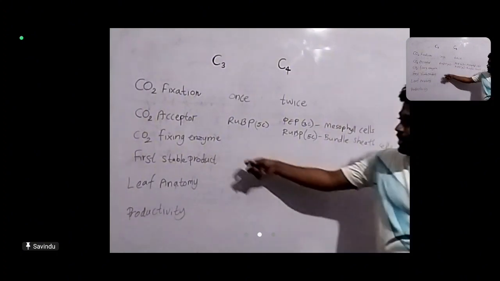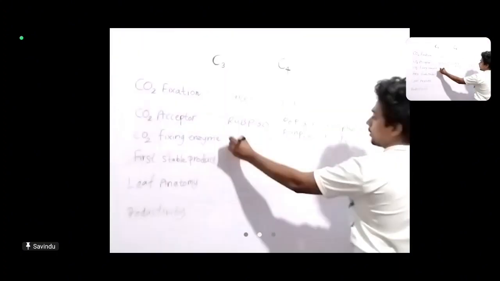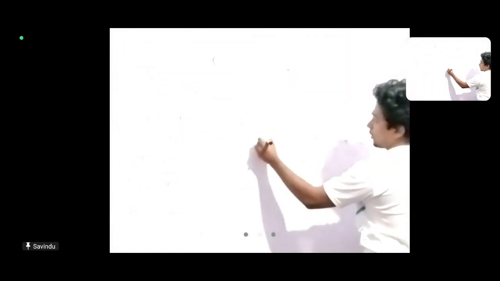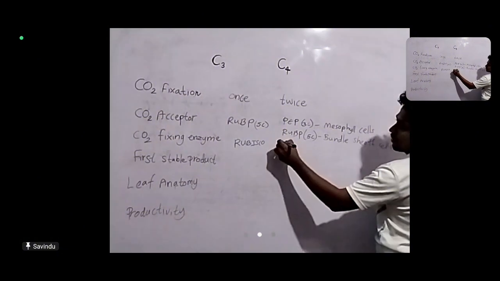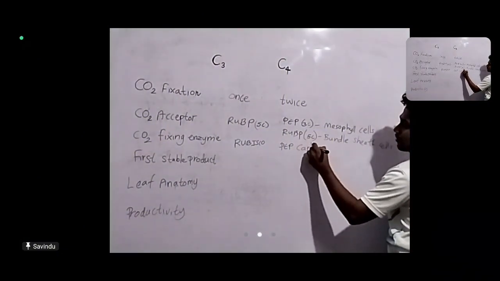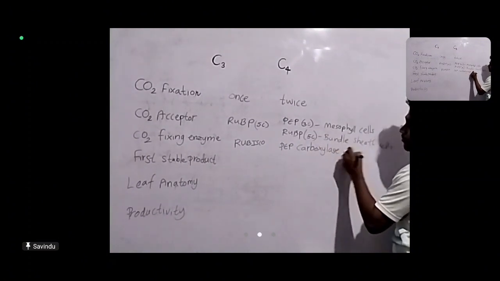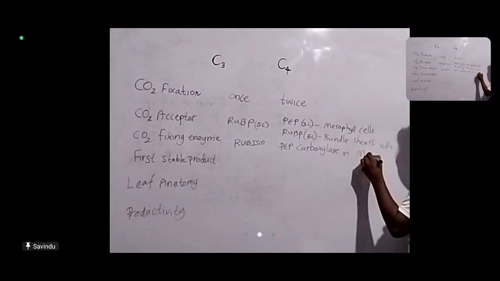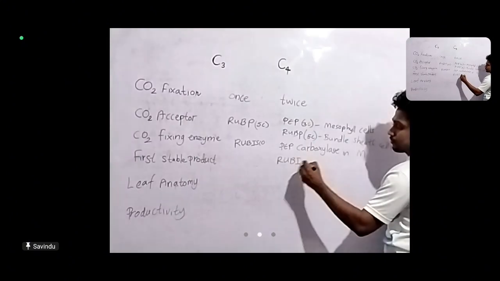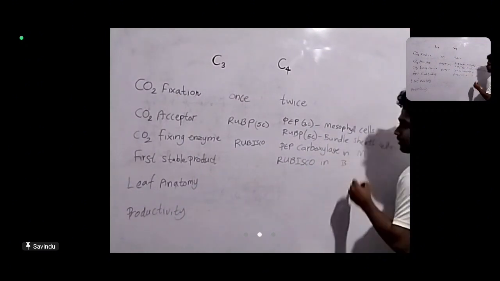Okay, the carbon dioxide fixing enzyme, we know this is Rubisco in C3. In C4 it is PEP carboxylase in mesophyll cells, and Rubisco in bundle sheath cells.